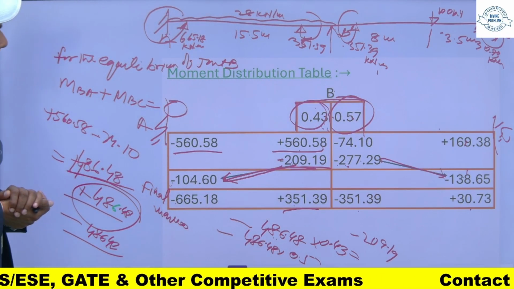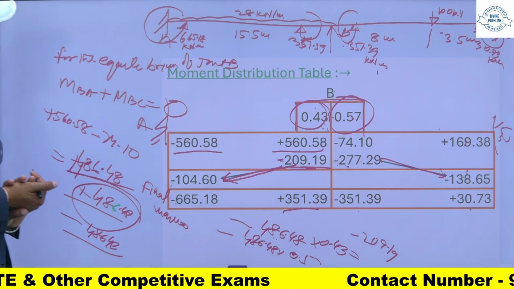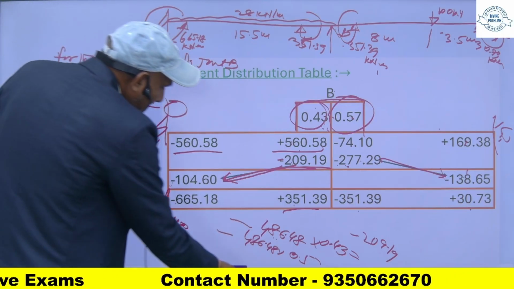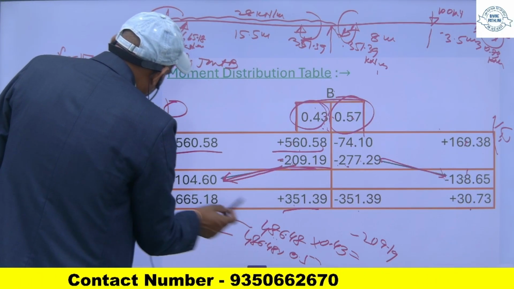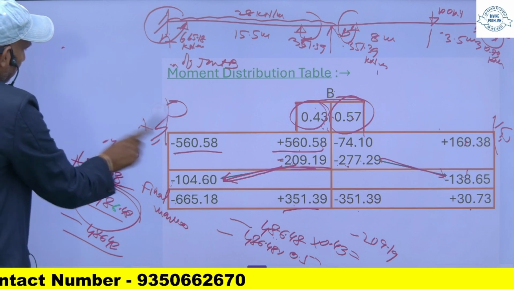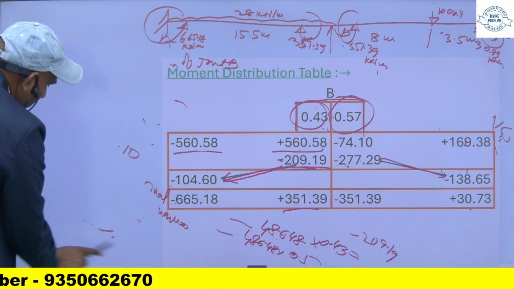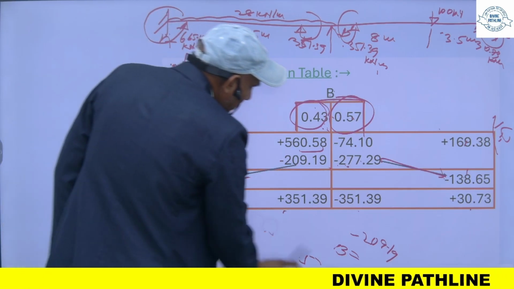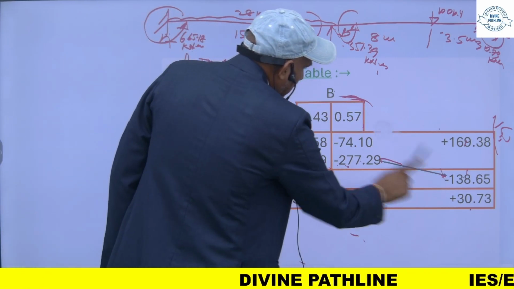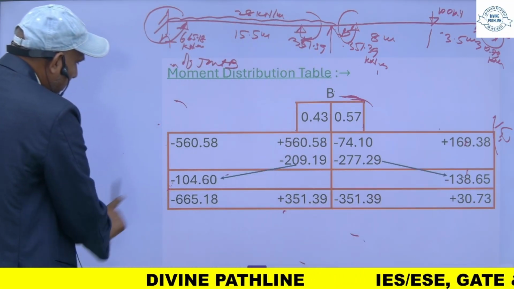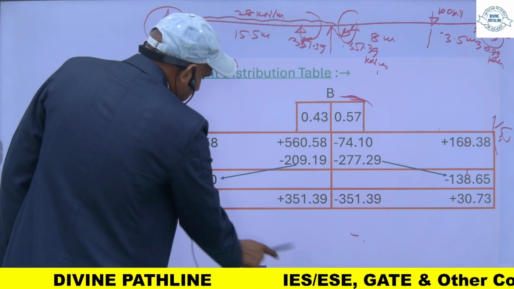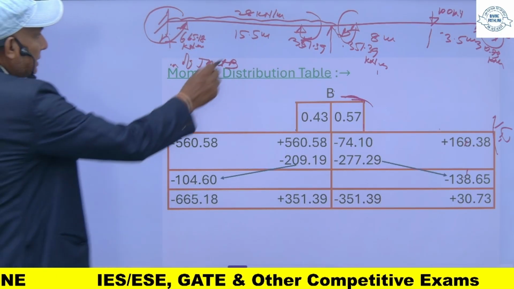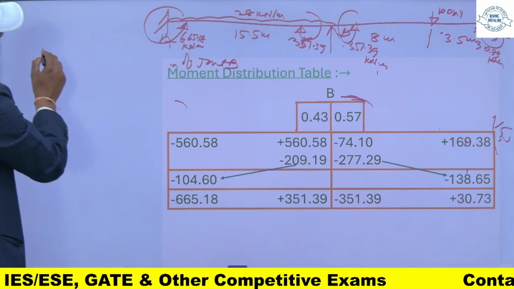So you can draw the final bending moment diagram for this portion, and this will be like this. This is the AB portion. The AB portion looks like this.